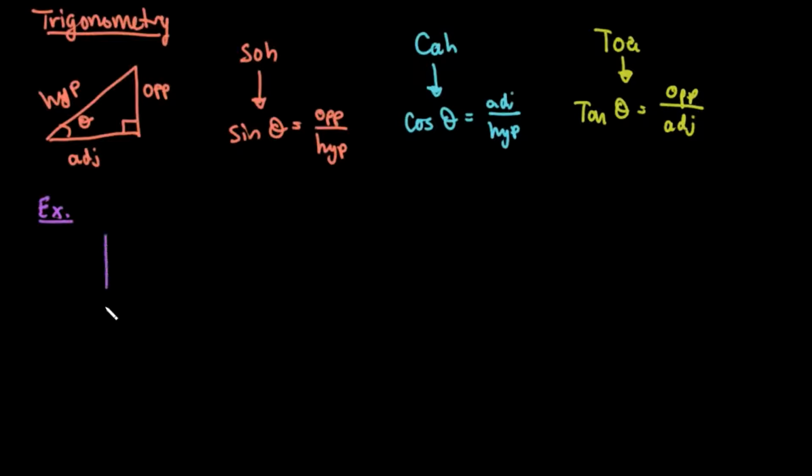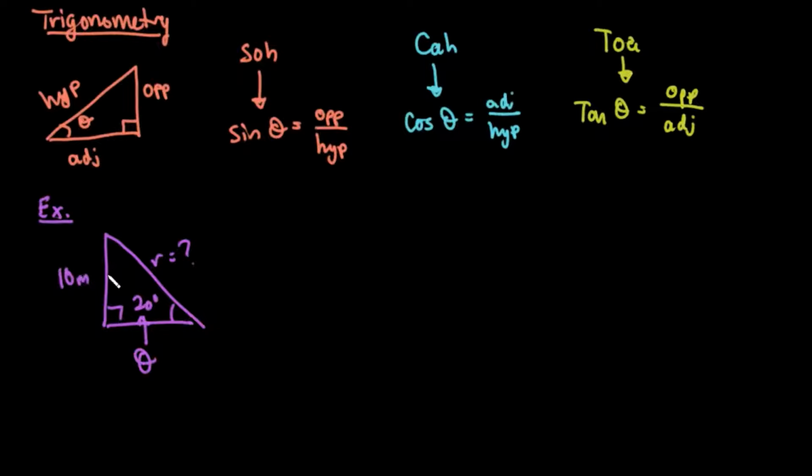If we have this right triangle, and we know that the angle here is 20 degrees, and this length here is 10 meters, we want to know the value of my length R. It's important to identify what each of these things are. This is my theta.